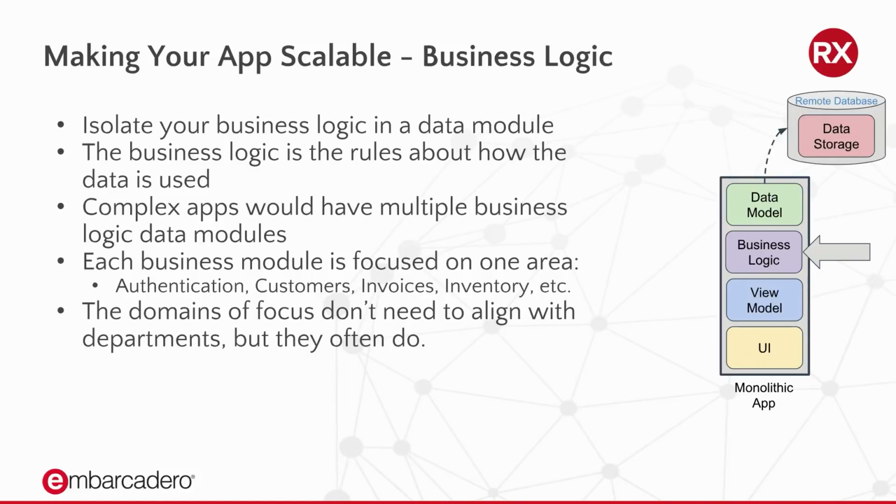Generally, those are the rules about how the data is used, if you will. And again, you're not going to have one central core of business logic. You're going to have business logic related to the different areas, okay? So it's about isolating the business logic. It's not about consolidating the business logic, if that makes sense.